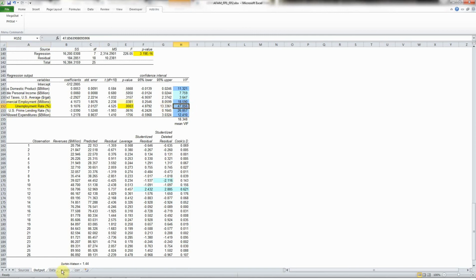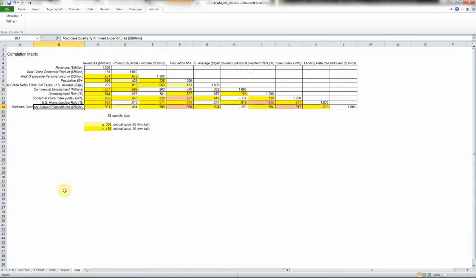So once again, I go to my correlation and I look at unemployment. Okay, here's unemployment. And I don't really see anything that it's highly correlated with, so I don't really see a big swap out. Perhaps population 65 plus, but I already dropped that.